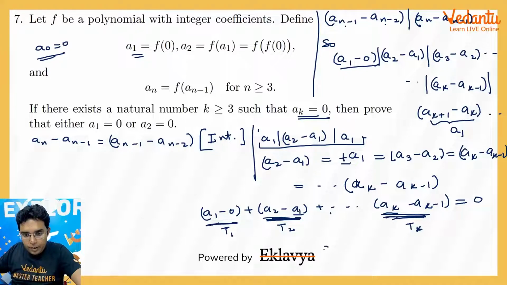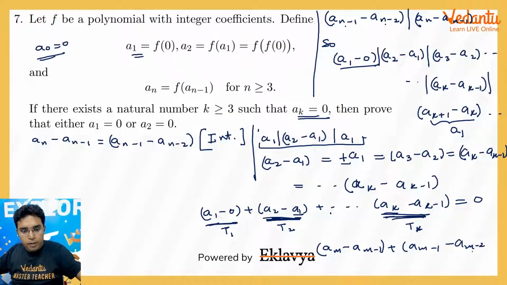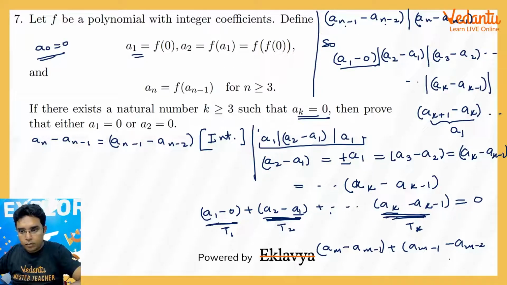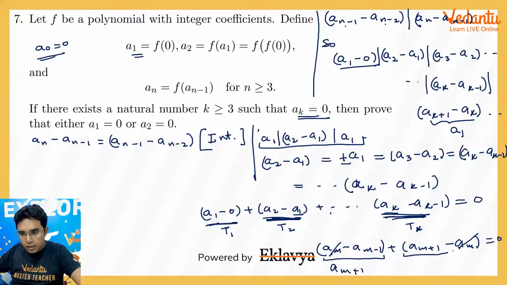So I can say that the sum, let me call that am minus 1 and then am minus 1 minus am minus 2, or maybe I can use the next one. So I will be saying am plus 1 here and am here. So am gets cancelled and we are getting am plus 1, and this will be 0 because one of them is a1 and another of them is minus a1.